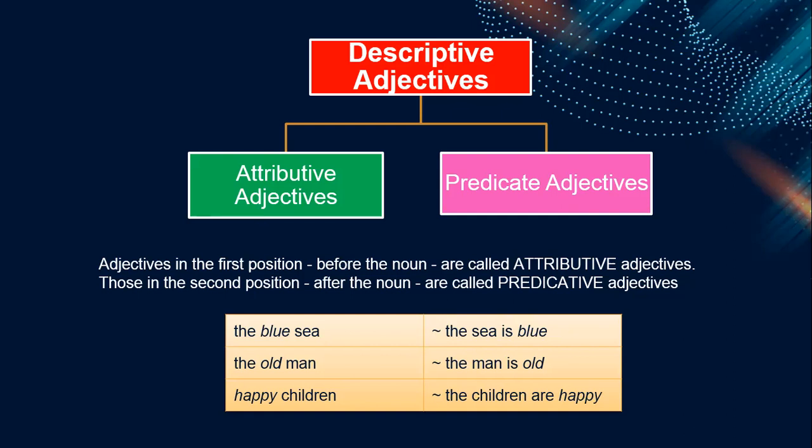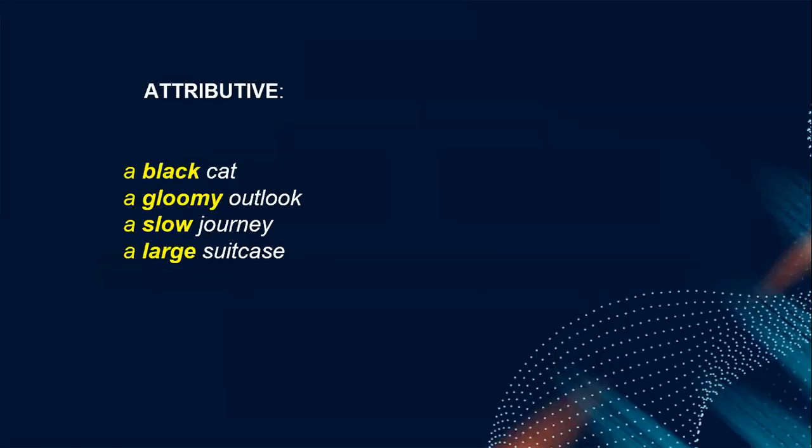For example, the blue sea, the old man, the happy children, right? And the second one is the predicative, which comes after the noun or pronoun. For example, the sea is blue, the man is old, the children are happy. Let us see some more examples. A black cat, a gloomy outlook, the slow journey, a large suitcase.